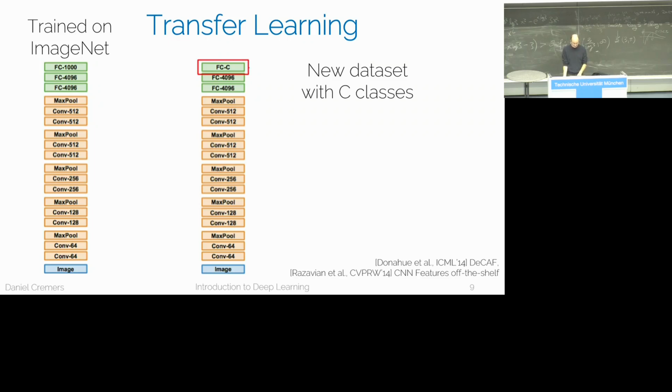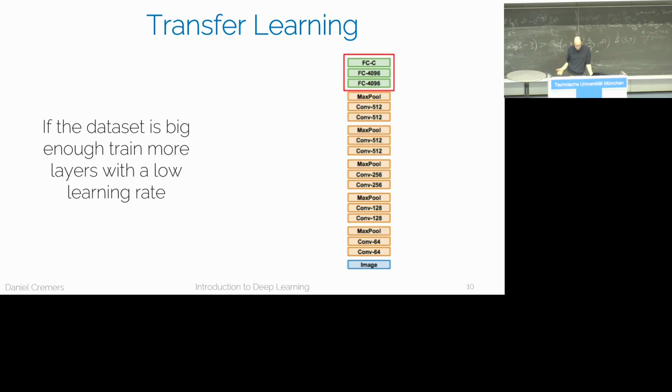And so basically you train, for example, only the very last fully connected layer, keeping all the other ones fixed. And so in the lingo of machine learning, you would say you keep the rest frozen and you just learn the final layer. Or you can learn the last 3 layers and keep the rest frozen, right? So you train that one and keep this one frozen.